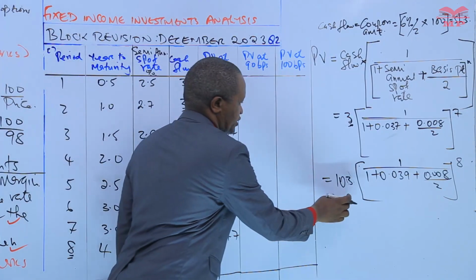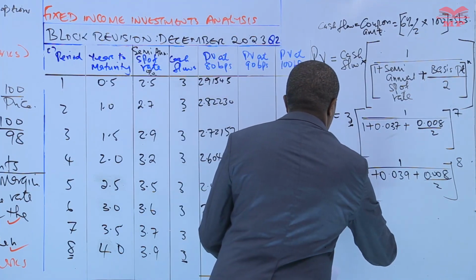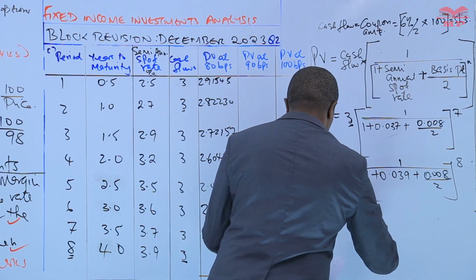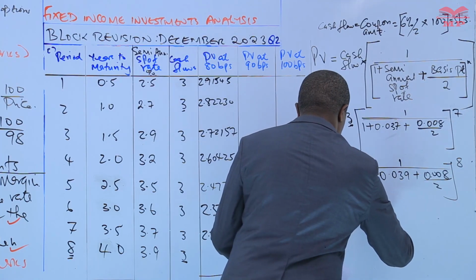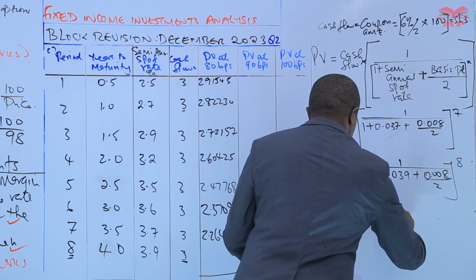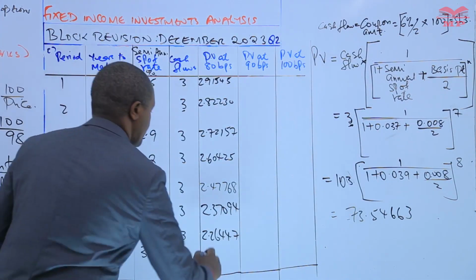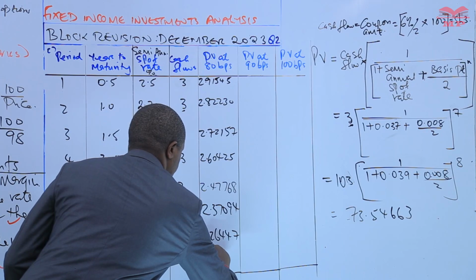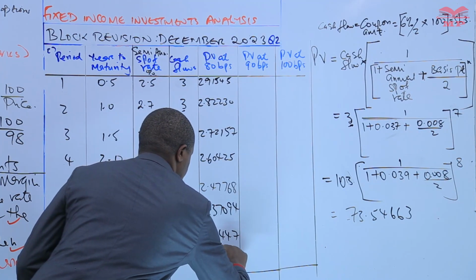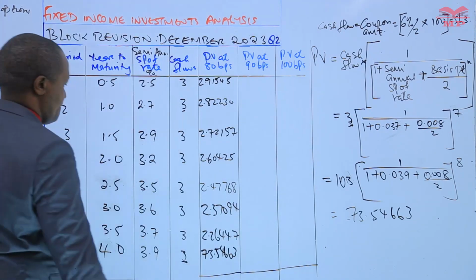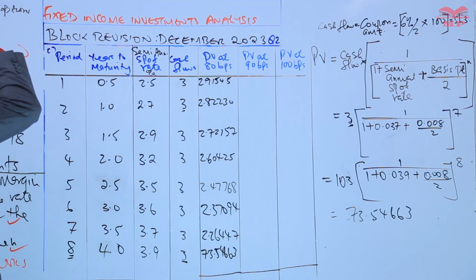This is what we are discounting, which will be equal to 73.54663. So we've done the present values at 80 basis points.